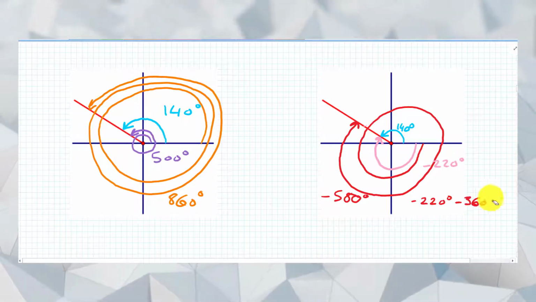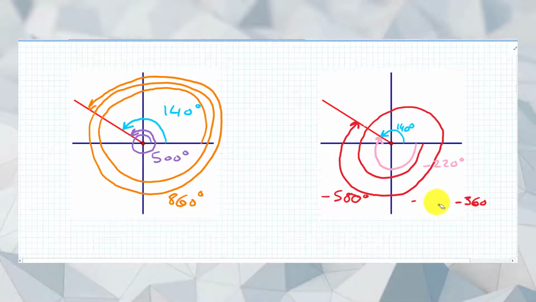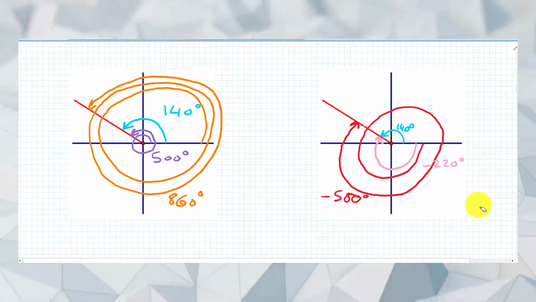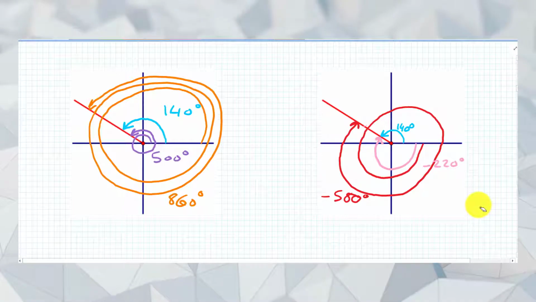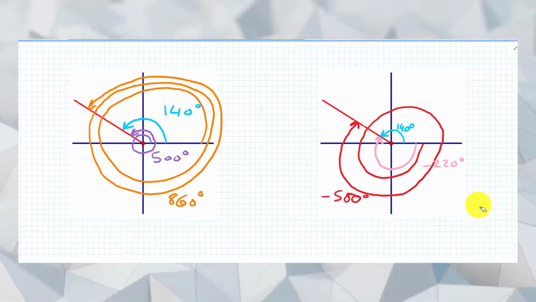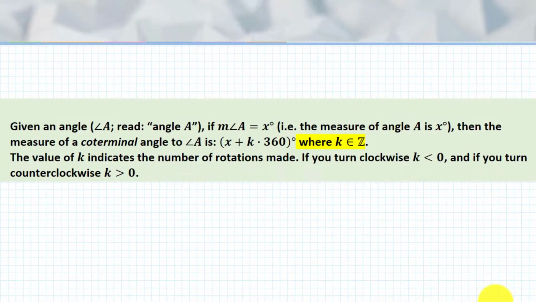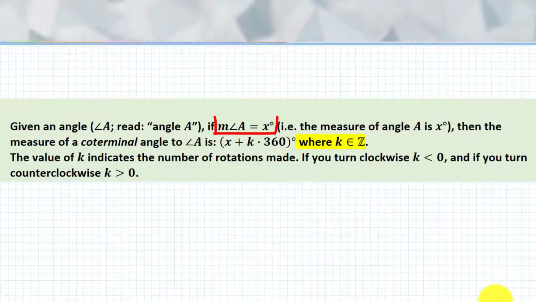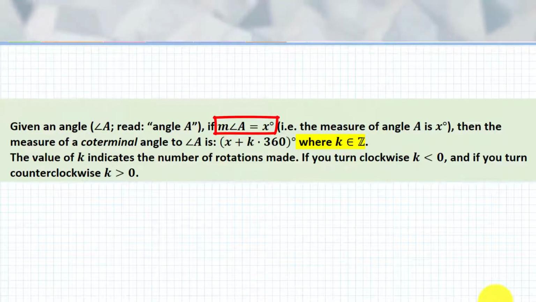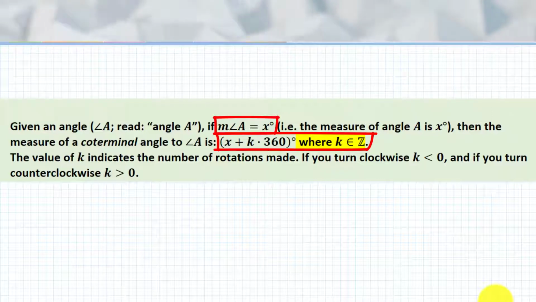So you see, you have various ways to come up with the measure of the set of points that represents an angle. These considerations lead to the following property. Let's take an angle that we call A and suppose that the measure of A is x degrees. Then the measure of a coterminal angle to angle A is going to be x plus or minus a multiple of 360.